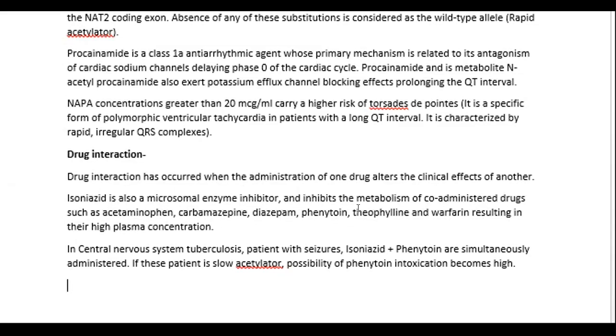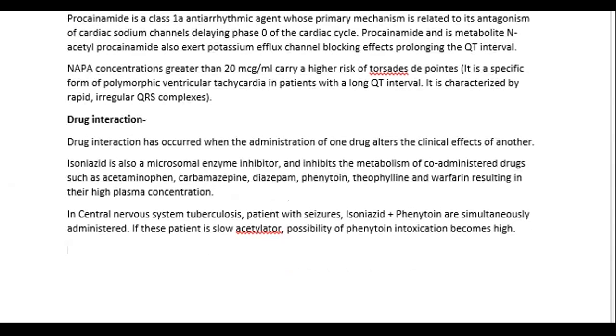What if the patient is a slow acetylator? Then it worsens the condition. If the patient is given both isoniazid and phenytoin, there is a higher chance of phenytoin toxicity. Okay.